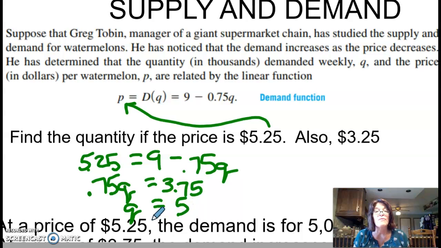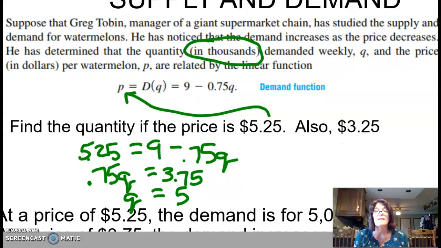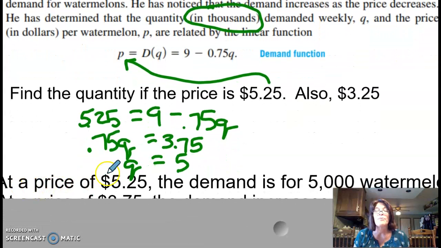Now that doesn't mean I'm getting 5 watermelons. Be careful. The quantity is in thousands. So whatever answer we get, we know that's in thousands. So at a price of $5.25, the demand is for 5,000 watermelons.